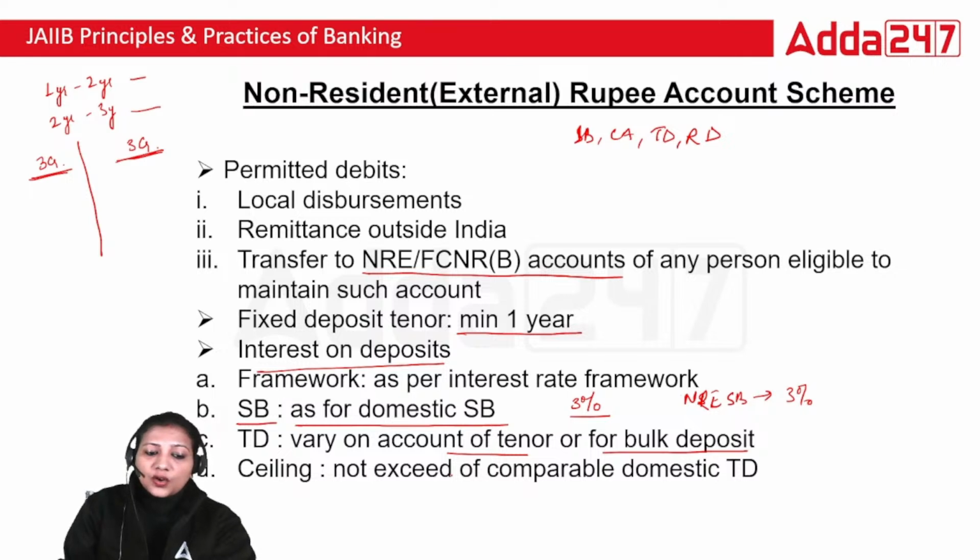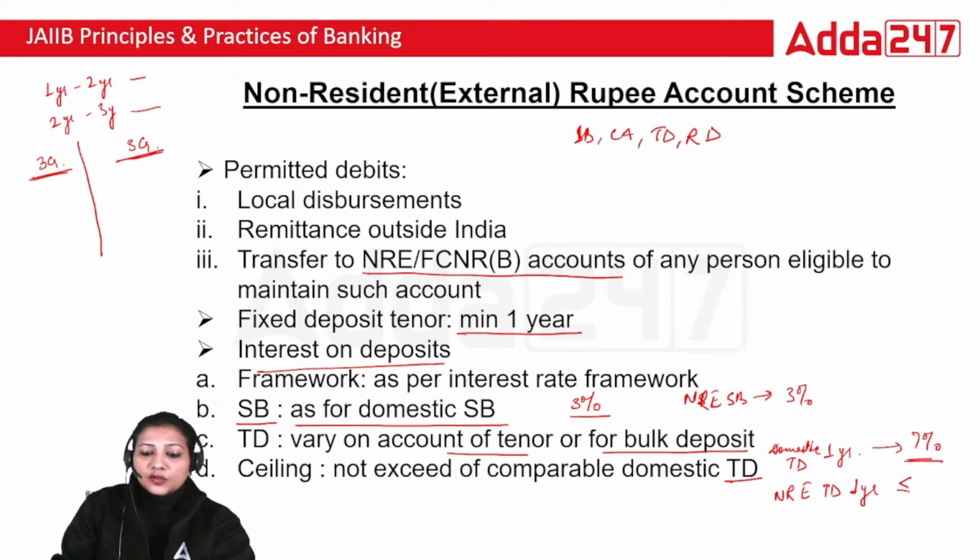Ceiling not exceeding comparable domestic TD. Suppose a 1 year TD is giving 7% return, this is domestic TD. In case of domestic TD, if the 1 year return is 7%, then NRE TD for 1 year cannot be more than 7%.